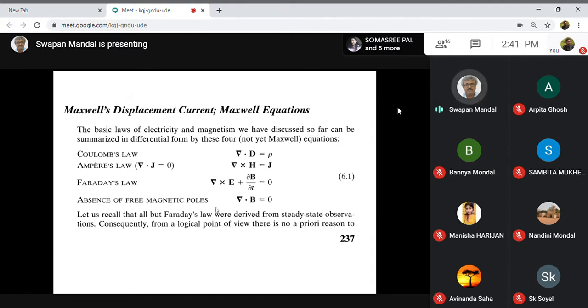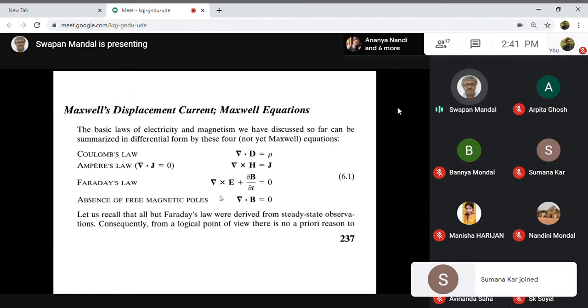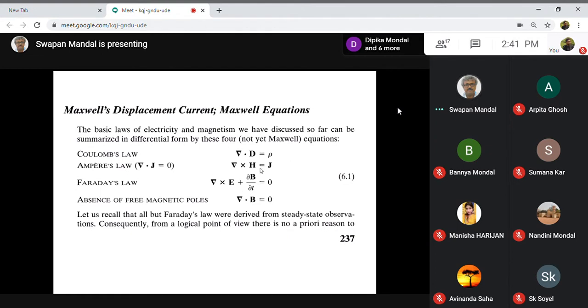When I incorporated Faraday's law in my magnetostatics problem, we find that the change of magnetic field, maybe spatial change or temporal change, I have finally expressed in terms of temporal dependence of the magnetic field.